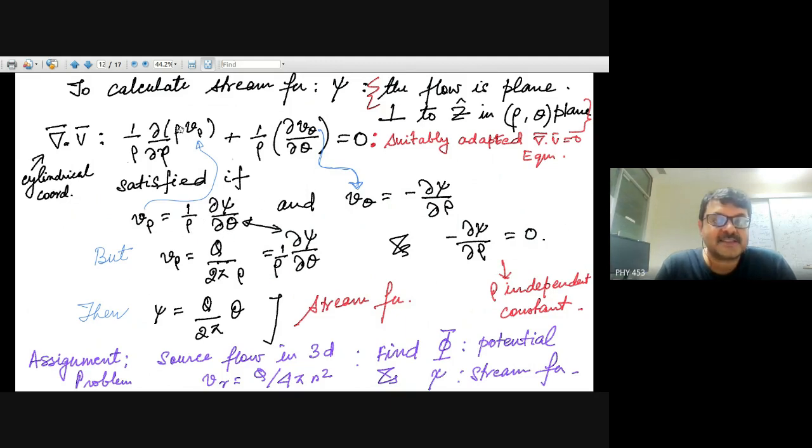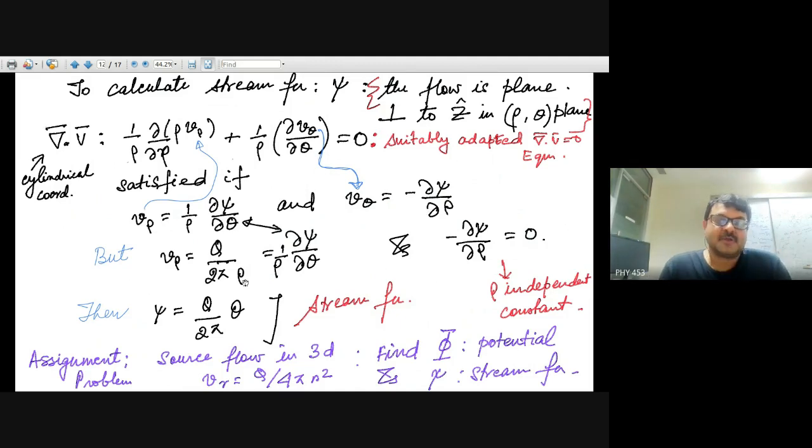This rho will cancel this rho, and for V rho, you are going to write del psi del theta, and then del rho. So you have a rho derivative and a theta derivative. And similarly, V theta, you're going to define it. If you define V theta to be del psi del rho with a minus sign, then again you will get a double derivative in theta and a derivative in rho, and these two terms will exactly cancel.